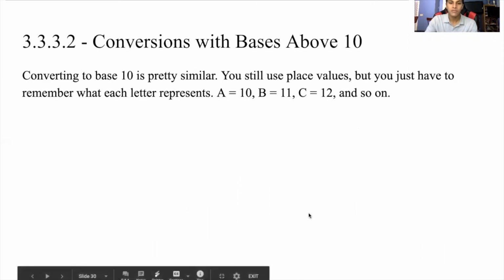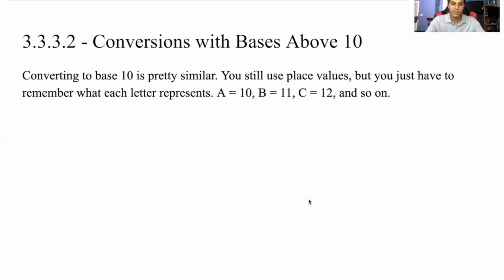Then we talked about converting with bases above 10. You just have to remember when converting from or to base 10 that A represents 10, B represents 11, and C represents 12, and so on, in a single digit. So we converted 2BA from base 12 to base 10 by realizing that B represented 11 twelves, and A represented 10 ones, because we had a B in the 12's place and A in the 1's place.